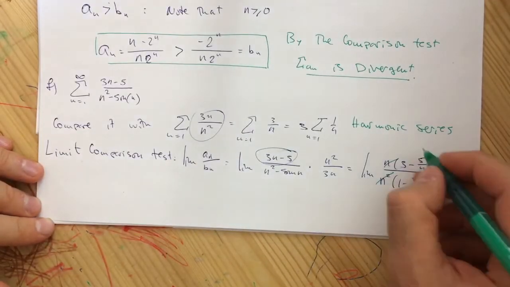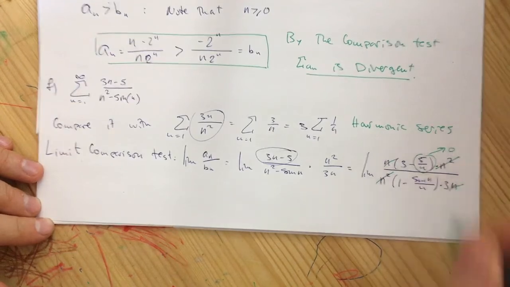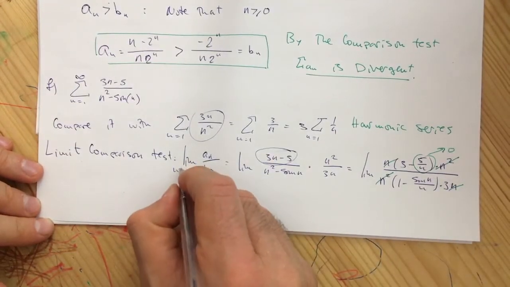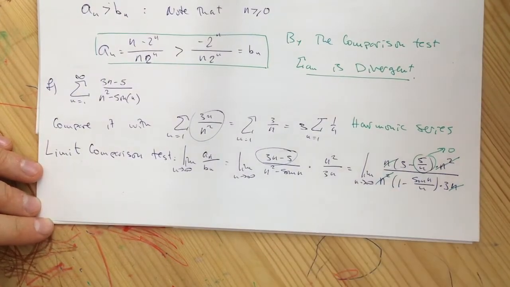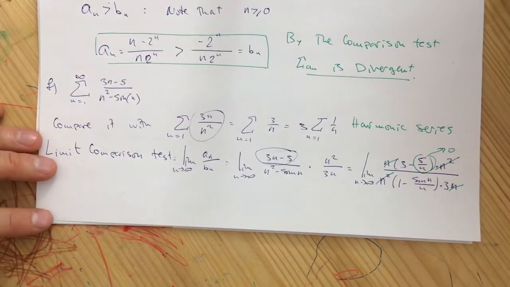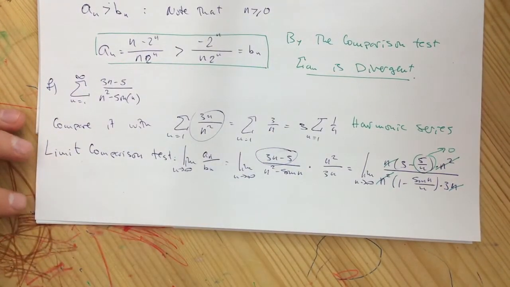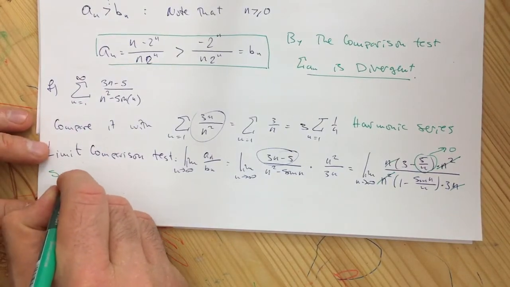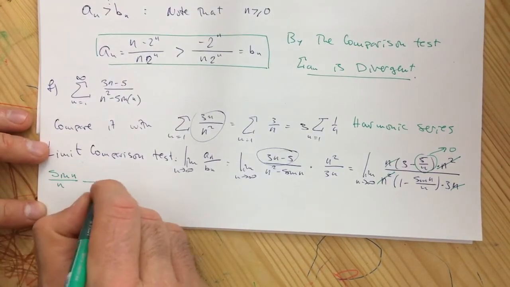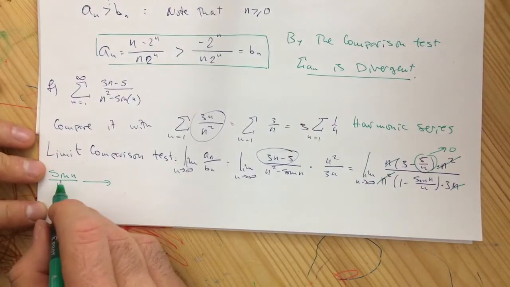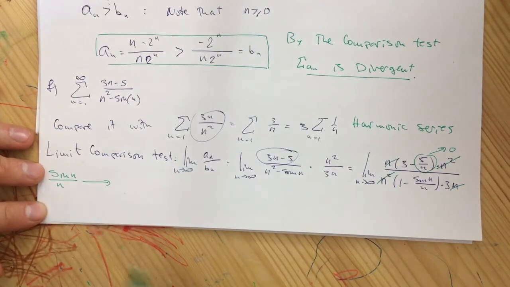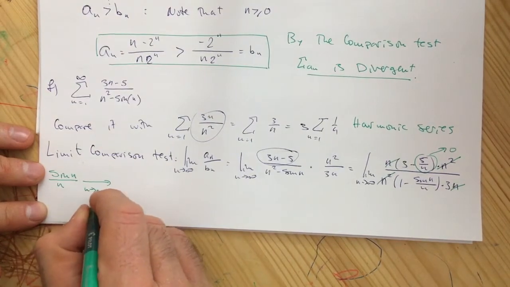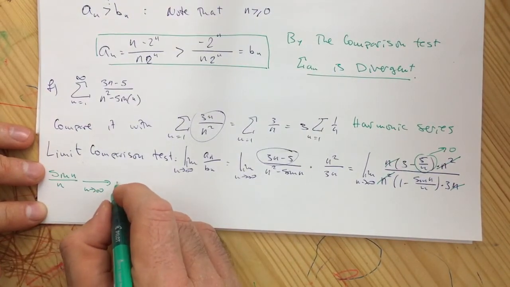Okay, 5 over n, as n goes to infinity, approaches 0. And then sine of n over n: n doesn't go to 0, so don't mix this limit with sine of theta over theta where theta goes to 0. Sine of n over n as n goes to infinity tends to 0.